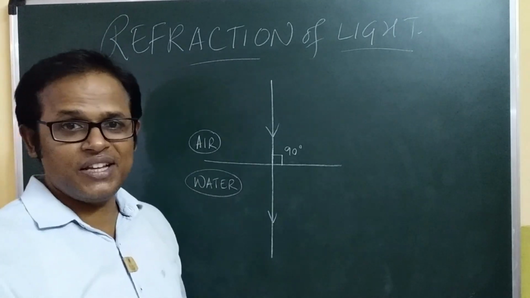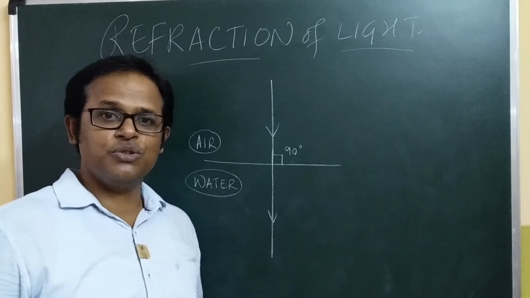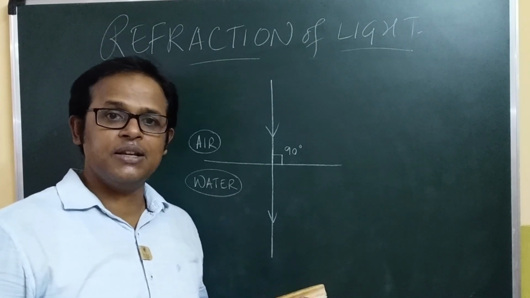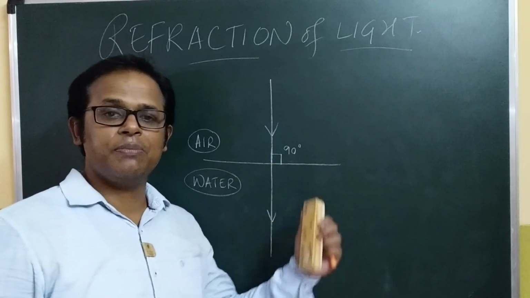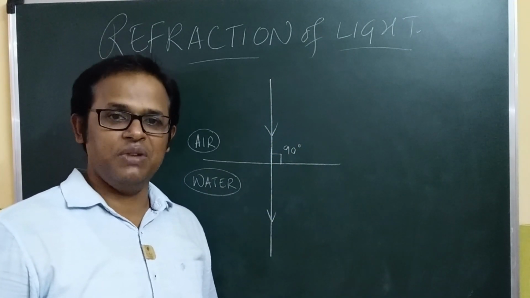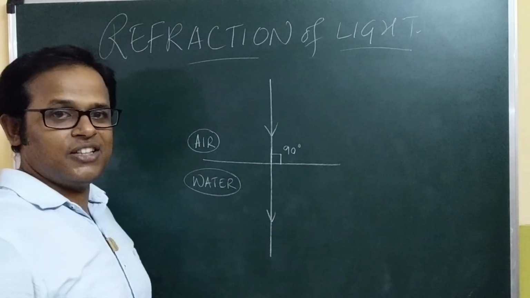So refraction will be the minimum when a ray of light propagates perpendicular to the interface separating the two transparent mediums. All right, so it would have gone exactly straight through it.